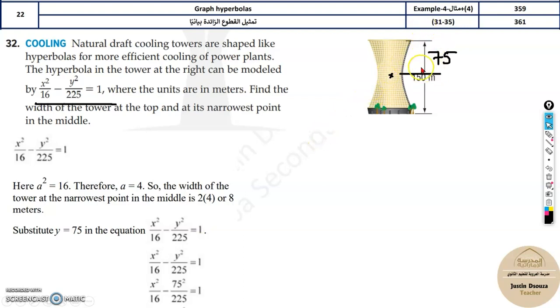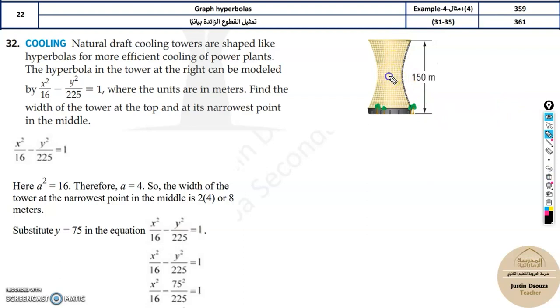Now, what is this value basically? That is the y value, isn't it? So now if I know this coordinate, I want to know this coordinate. I know only the y value of the coordinate. So from this to this point will be 75, the y value. But the x value is unknown. So I know the equation, x is unknown, but the y value I can substitute as 75.